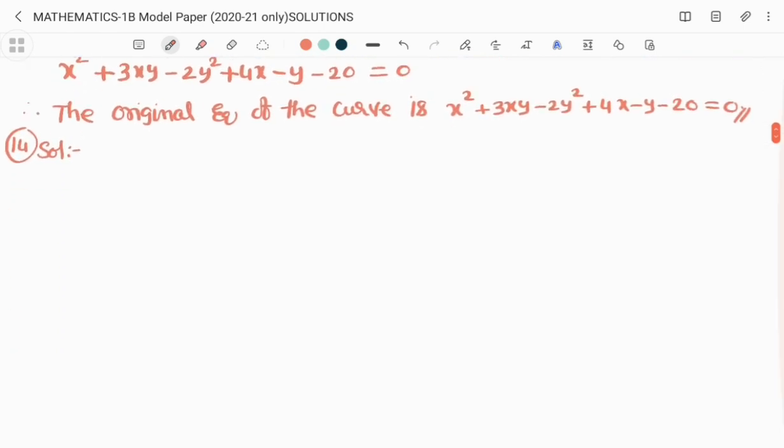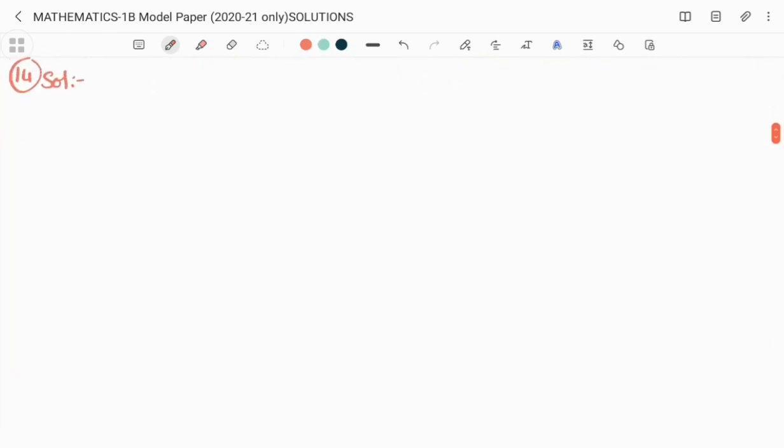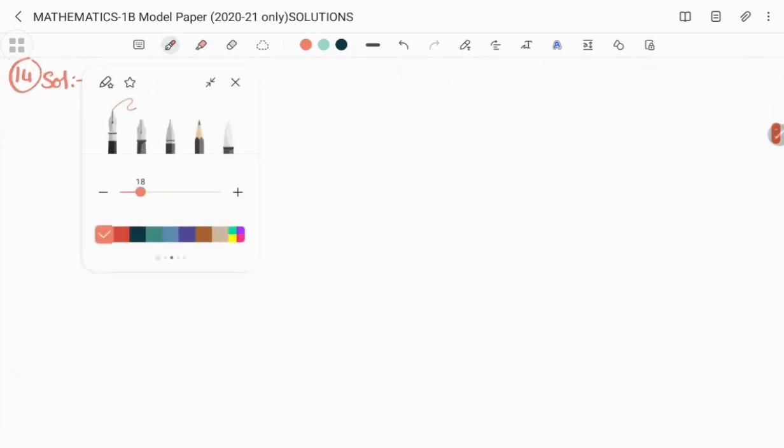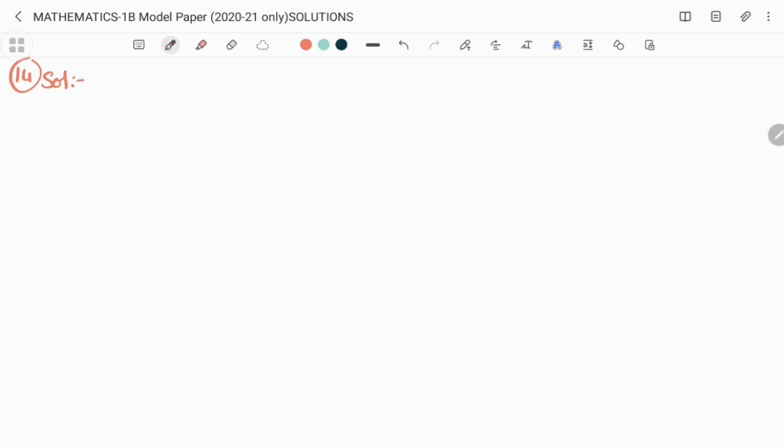So we will write it in proper steps. Here the first step is given rotated angle, theta is equal to pi by 6, that is equal to 30 degrees.